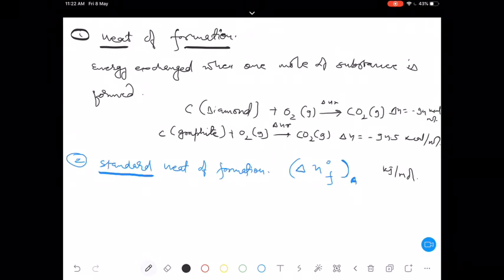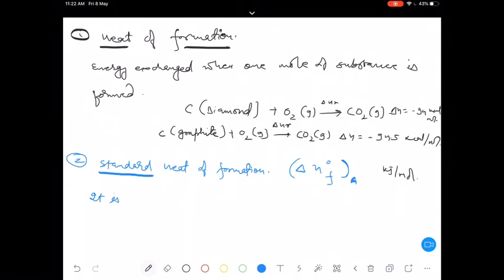Okay, now let's define the standard heat of formation. What is the standard heat of formation? It is energy exchanged. Just pay attention, we are writing energy exchanged. We are not writing released or absorbed.